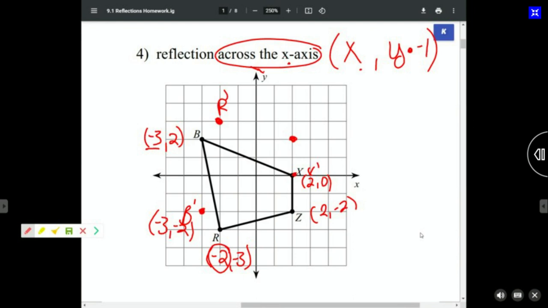So what is across that x axis? Where do you think?